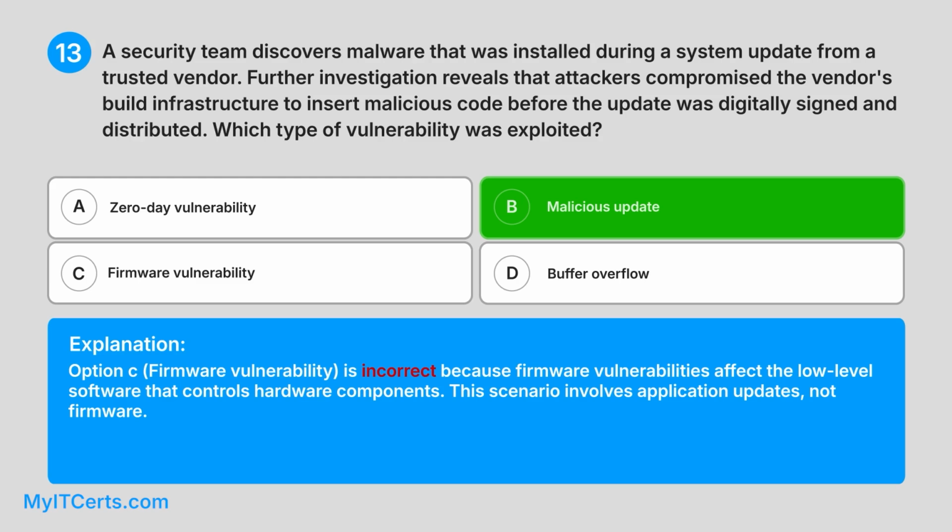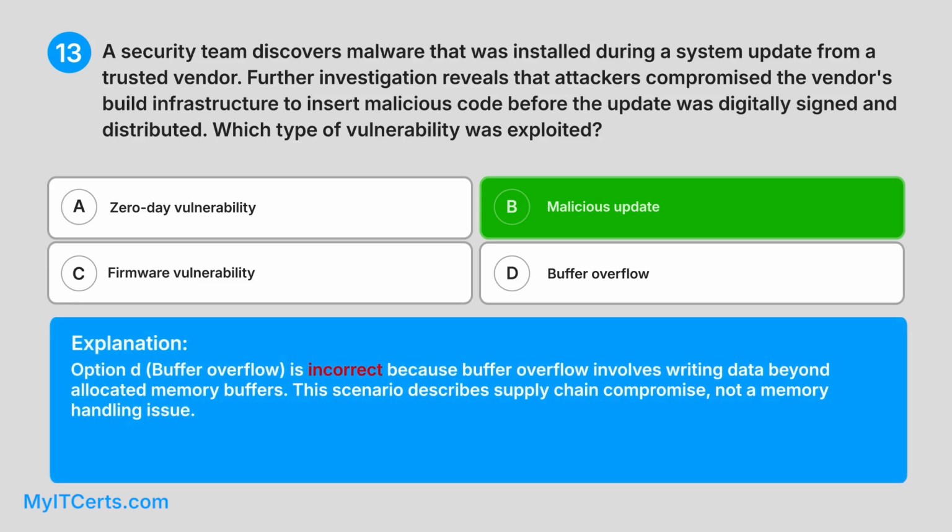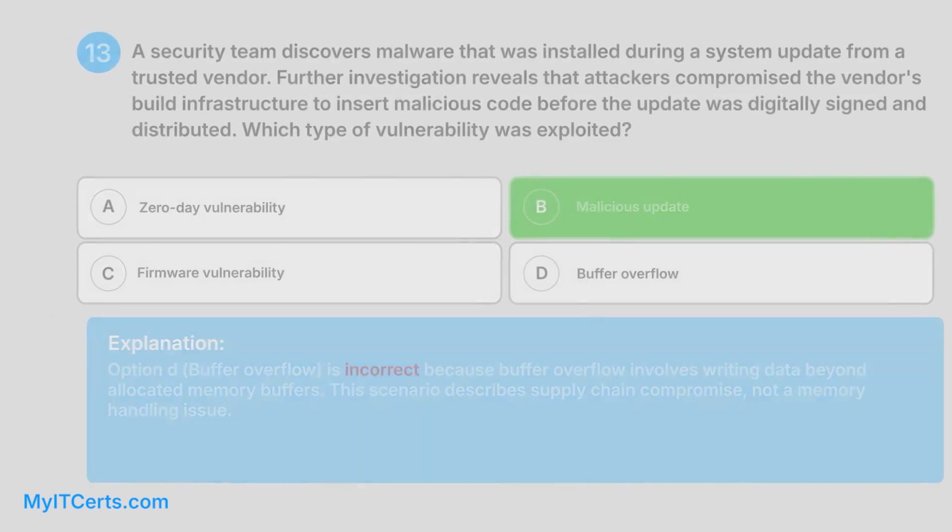This scenario involves application updates, not firmware. Option D, buffer overflow, is incorrect because buffer overflow involves writing data beyond allocated memory buffers. This scenario describes supply chain compromise, not a memory handling issue.